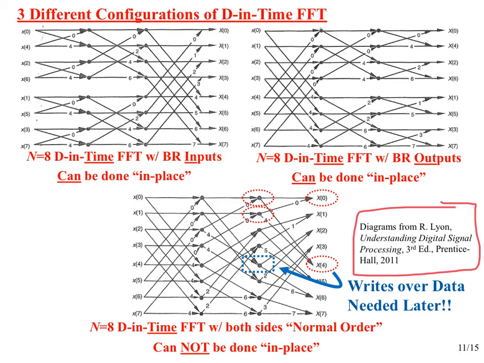Anyway, the point that I'm trying to make with these diagrams is this is for decimation in time, FFT, and we can reconfigure these things by shuffling around the connections.